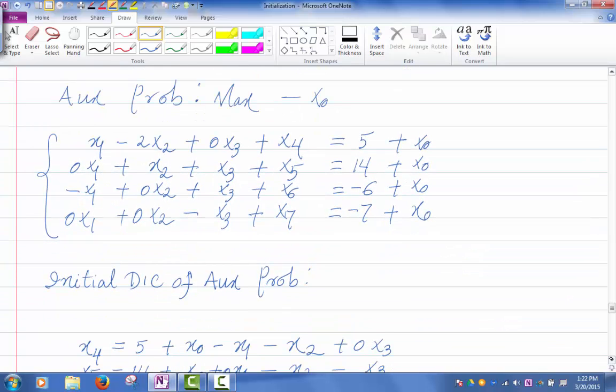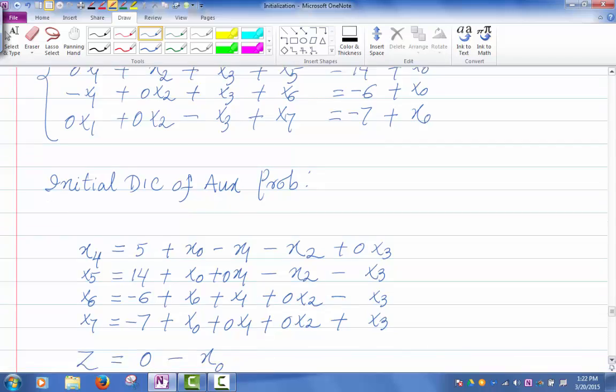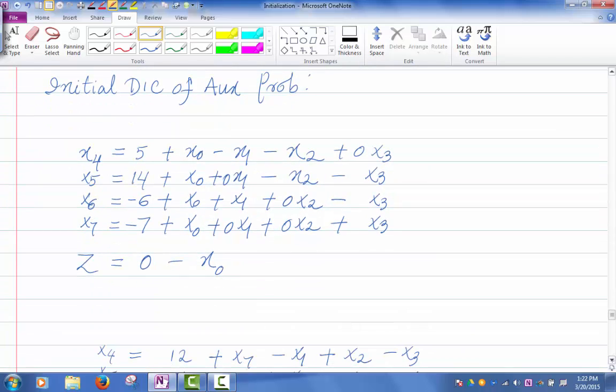Okay. So once I have that, I can write down the initial dictionary for the auxiliary problem by solving for the slack variables. So I do that. If you are writing it down, if you want me to stop somewhere, let me know.